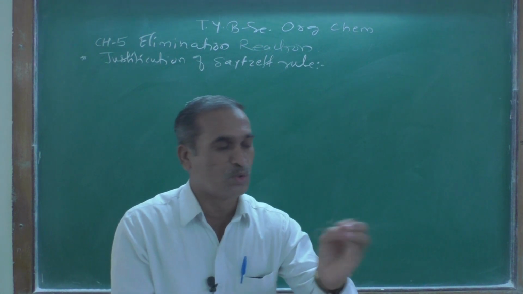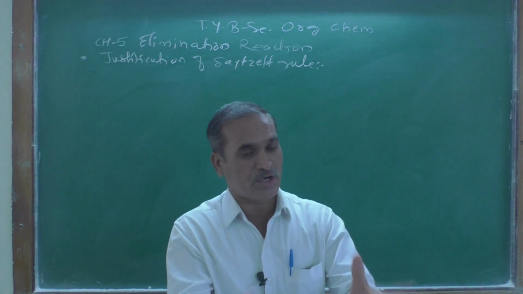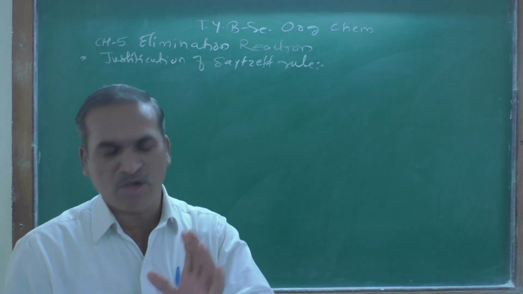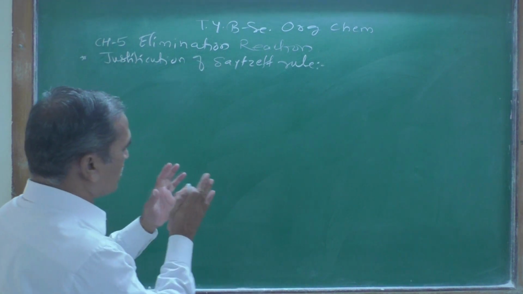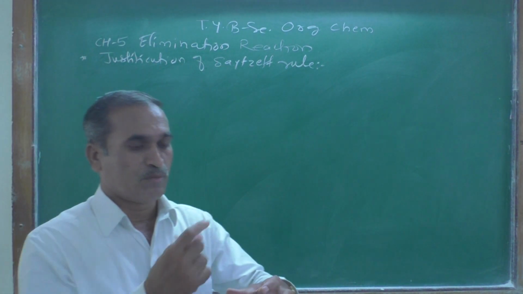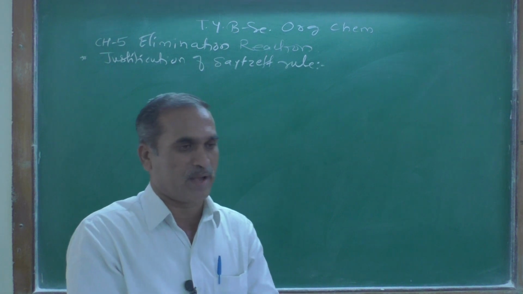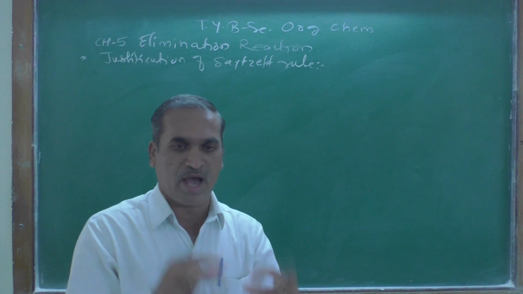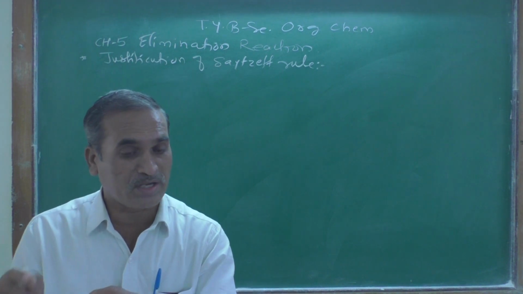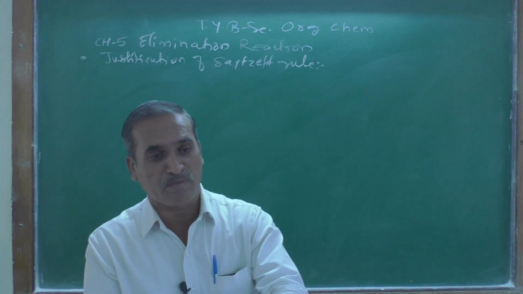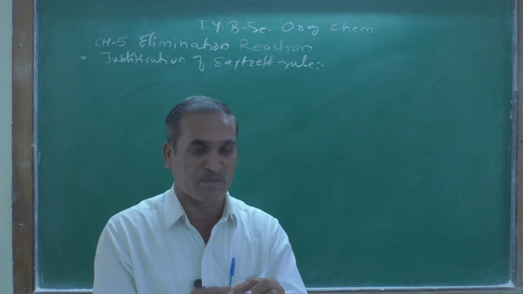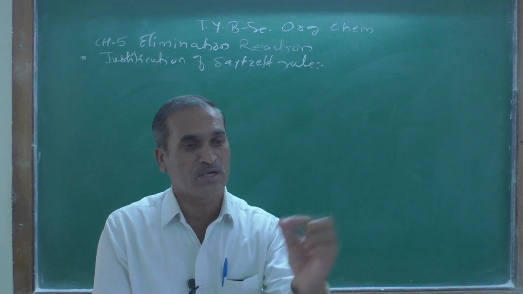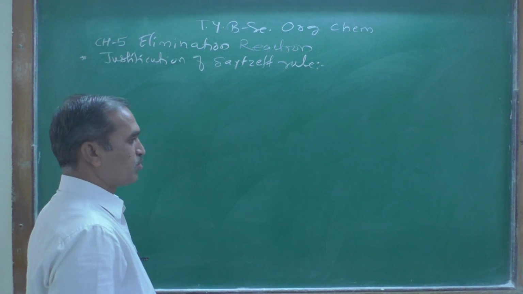Majorly there are two contributing factors to this justification. Number one is called the stability of the alkene. Because we are trying to justify the statement made by Saytzeff, in an elimination reaction, the more substituted alkene is obtained as the major product, and why we are getting it as the major product, there is a contribution of two factors.